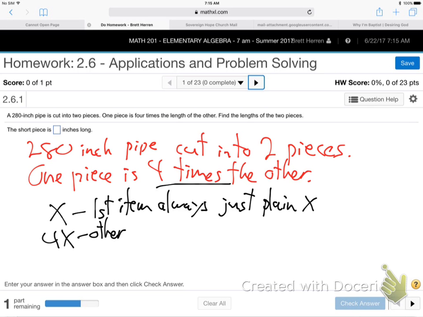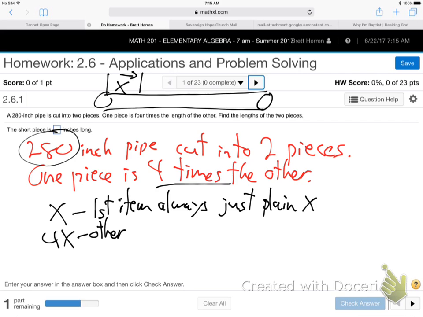And then from there, what are we going to do? 280 is the total length, right? So it's kind of like we've got this long pipe. One section of it, say from here to there, is x. And then the rest of it is 4x.